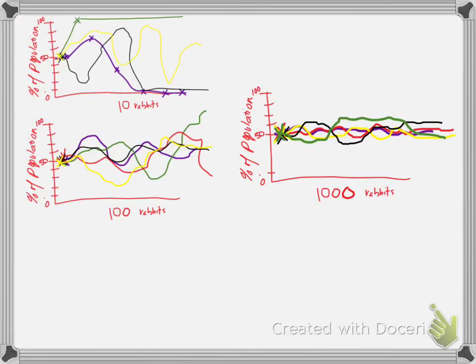So the bigger the population is, the less wild, crazy swings we see in the frequency of a gene due to just random chance. It's a whole different thing if the gene gives somebody an advantage. That's a different thing. But if we're talking about a gene that doesn't really offer an advantage, it's all down to chance. And with small populations, we tend to see huge impact from random chance.